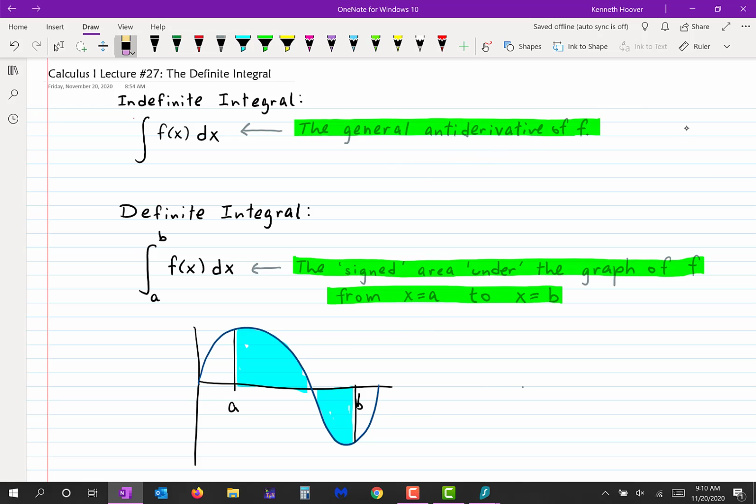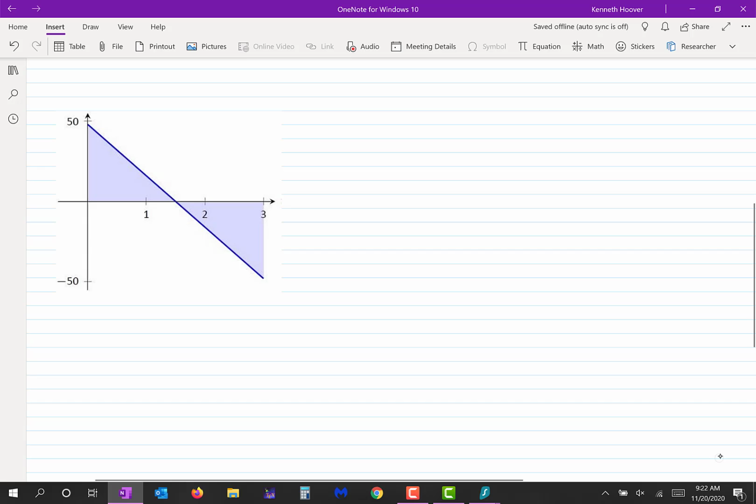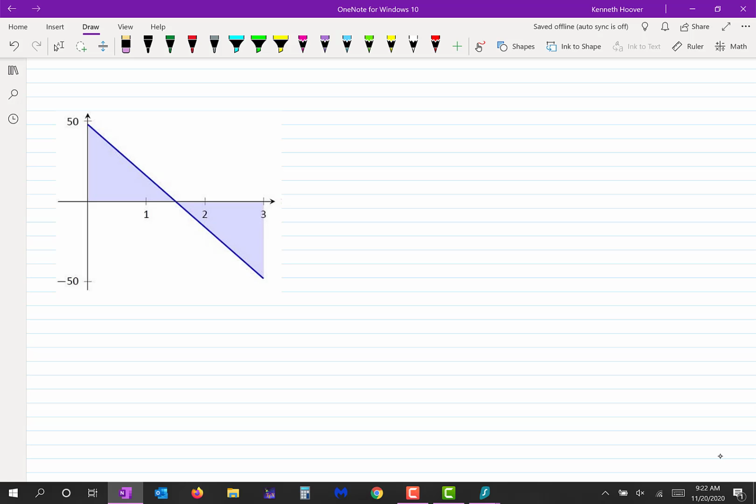All right, so how to calculate definite integrals. Let's look at this picture straight out of the book on page 230. Okay? It shows a portion of the graph. That blue line is from the equation negative 32x plus 48.